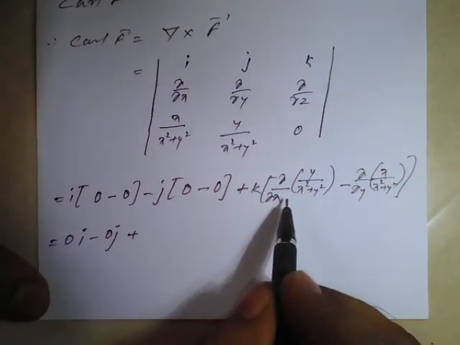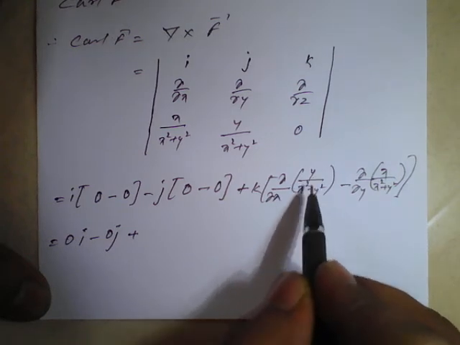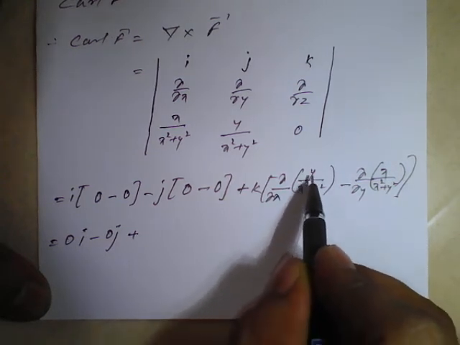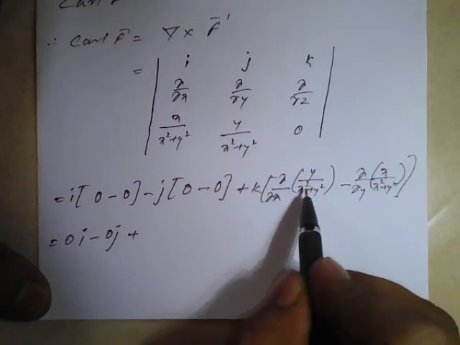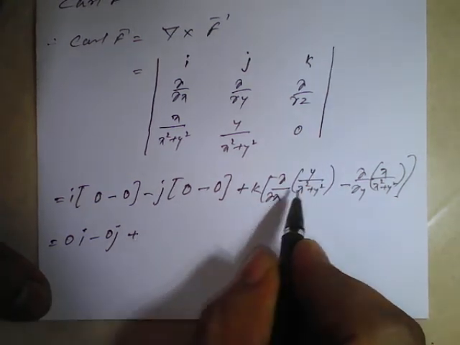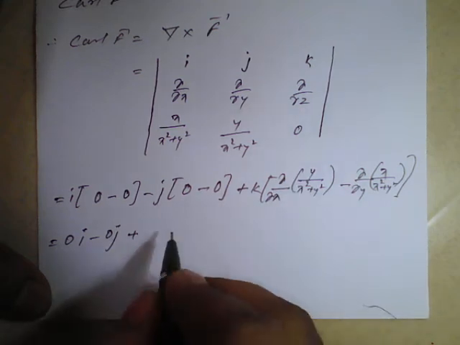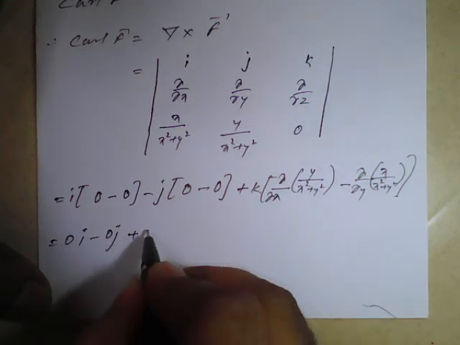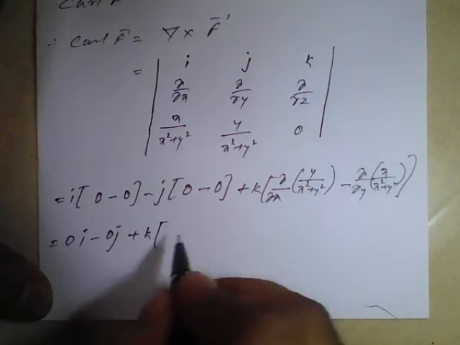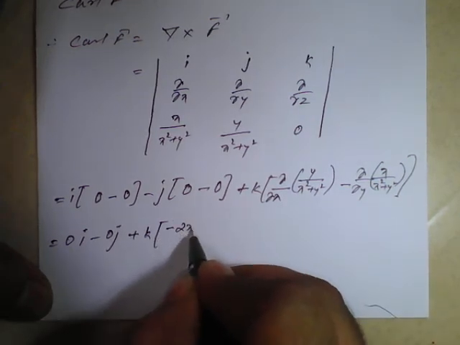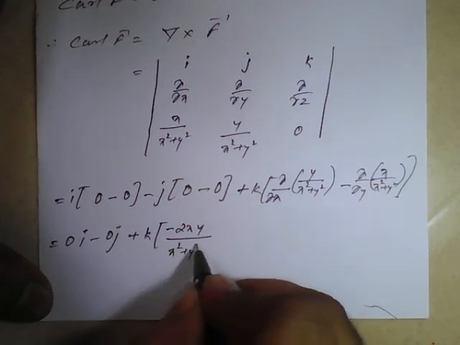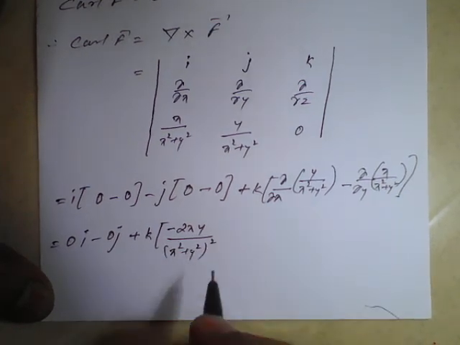Observe the partial derivative of y by x square plus y square with respect to x. Here y you treat as a constant, so we differentiate 1 upon x square plus y square. It will become k times minus 2x, with y as it is, divided by x square plus y square whole square.